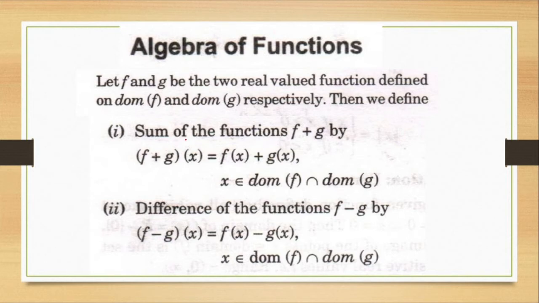Then we define the sum of the functions, f plus g, by f plus g of x is f of x plus g of x, as x belongs to domain of f intersection domain of g. Difference of the functions, f minus g of x, is f of x minus g of x, x belongs to domain f intersection domain g.